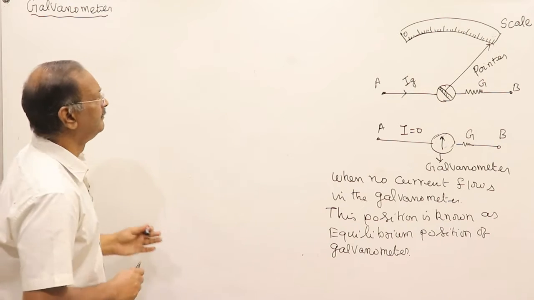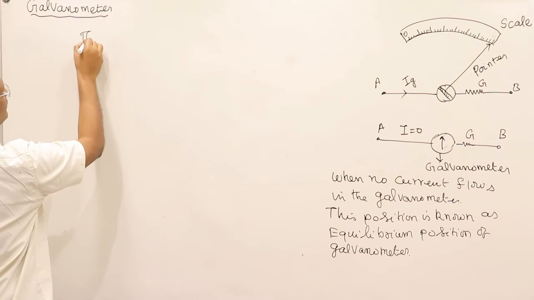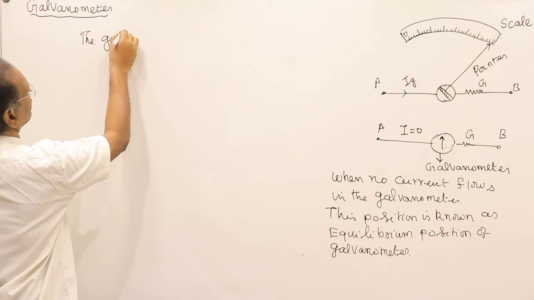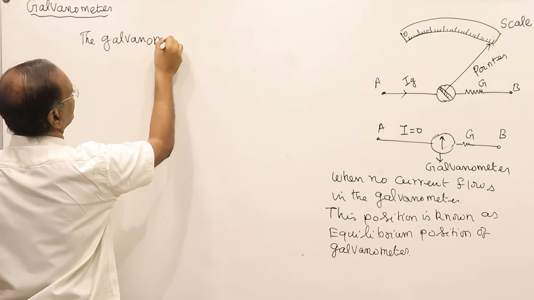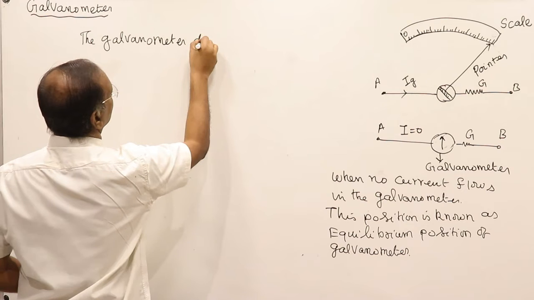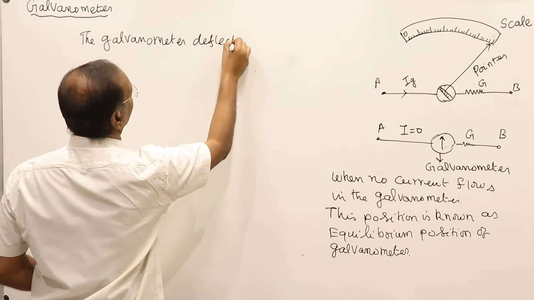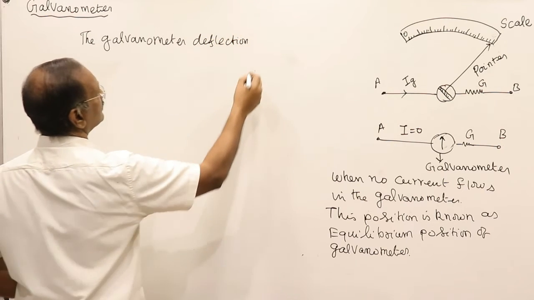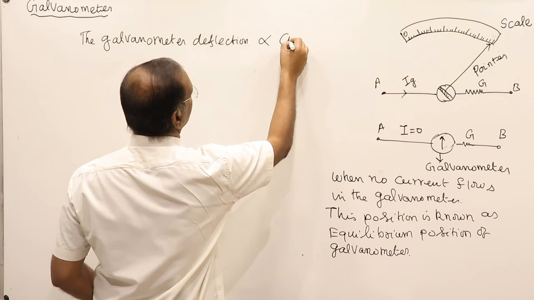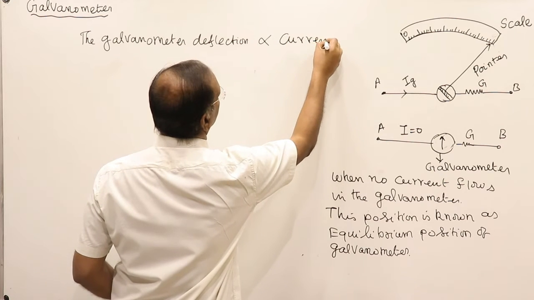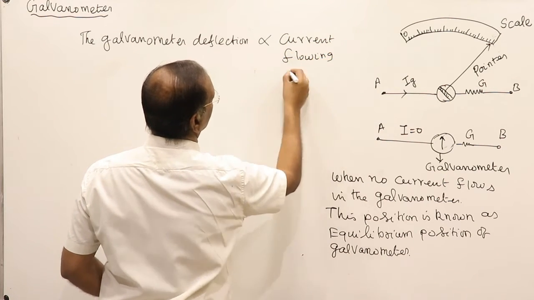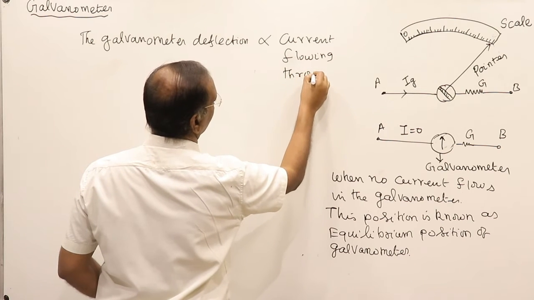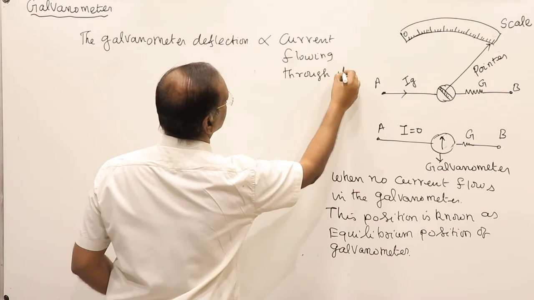Now you see the galvanometer deflection. The galvanometer deflection is proportional to the current flowing through it.